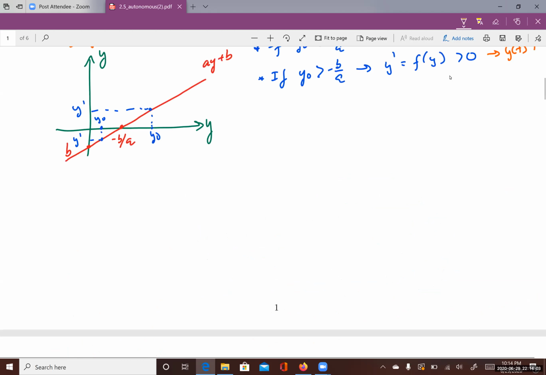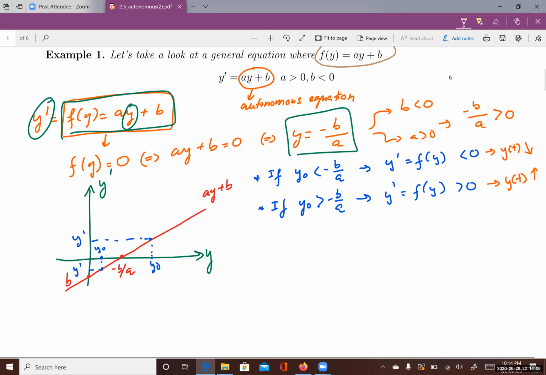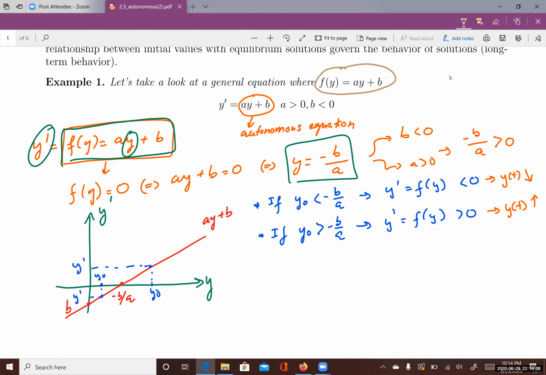In both of these examples, we want to find the equilibrium solutions where f of y equals 0. Once we determine f of y equals 0, we can make some observations about the value of y compared with these equilibrium solutions here.